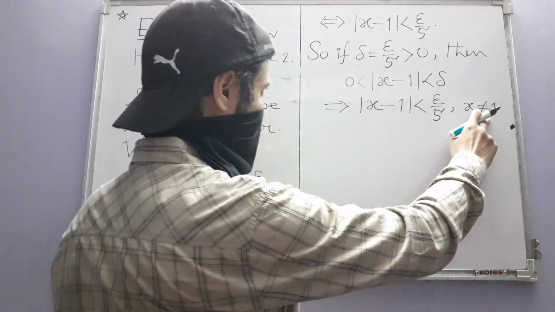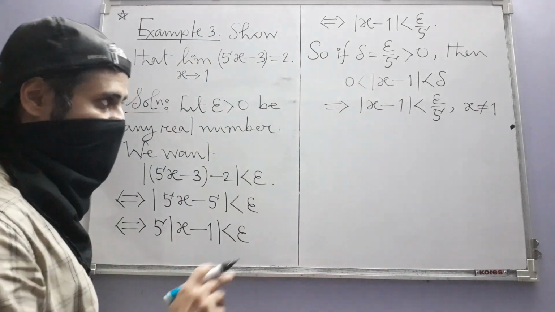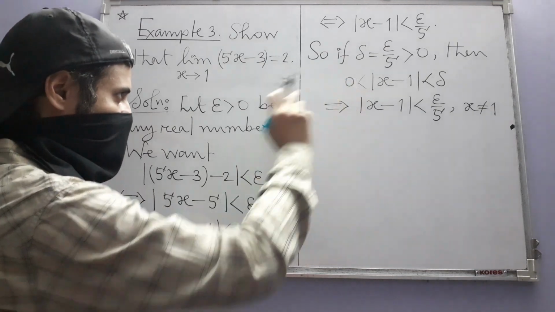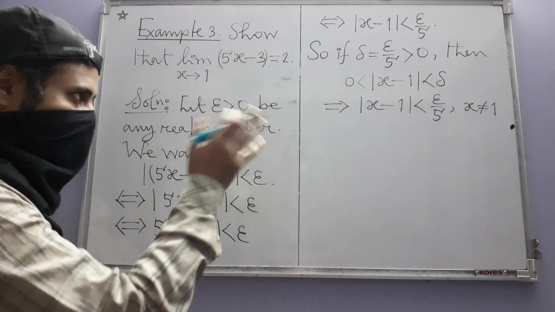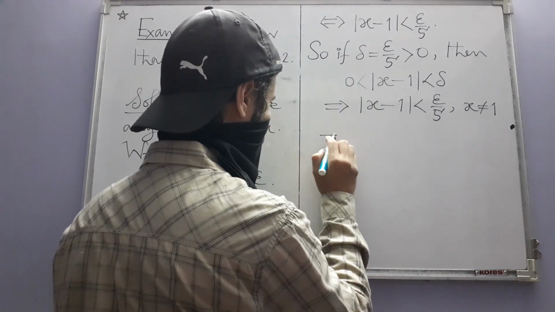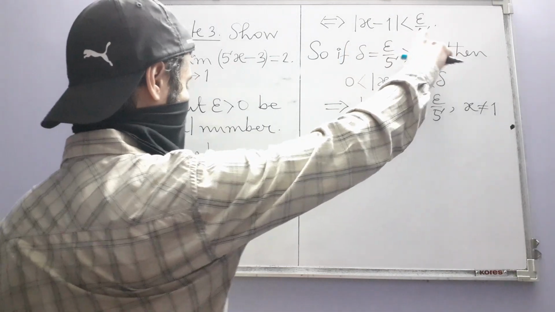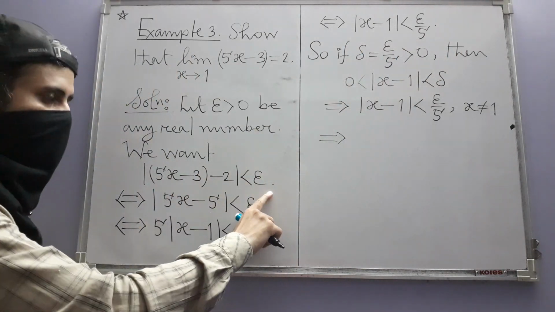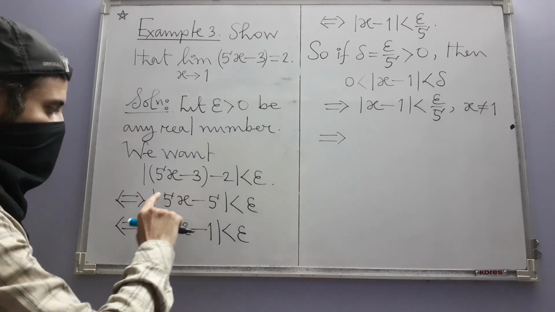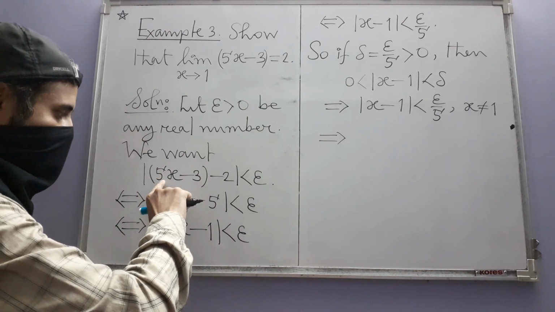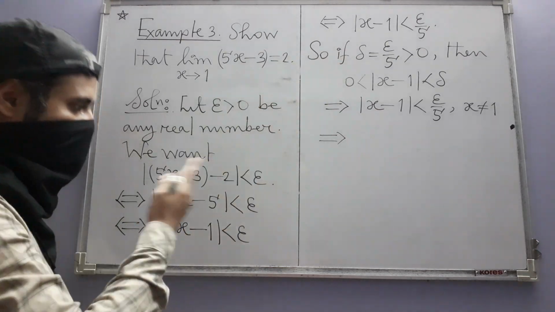X is not equal to 1 I am writing because otherwise this difference would be 0, but it's given that it should be greater than 0, or if that is the case, then we have this. However, just now we have seen that this inequality is the same as this inequality. That's why I was using equivalence, so that in doing your back calculation, you not only have a way of going from here to this, but you can come back also.